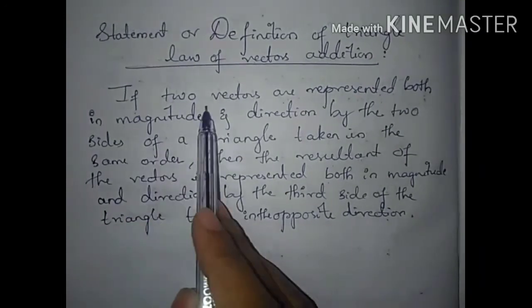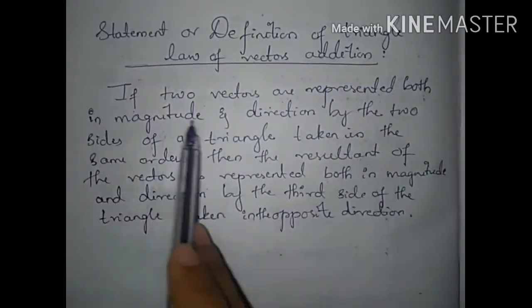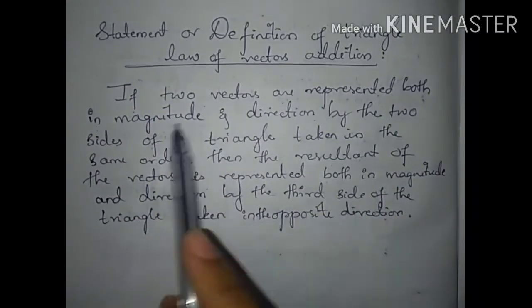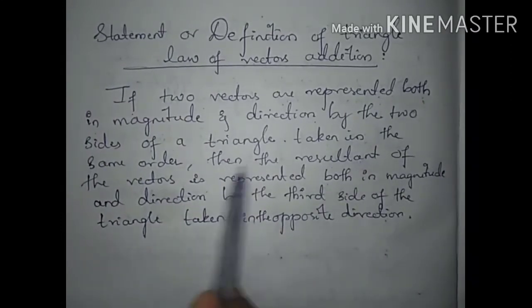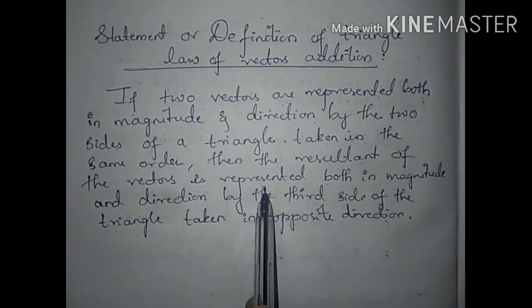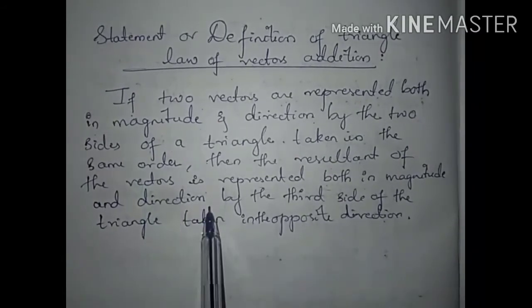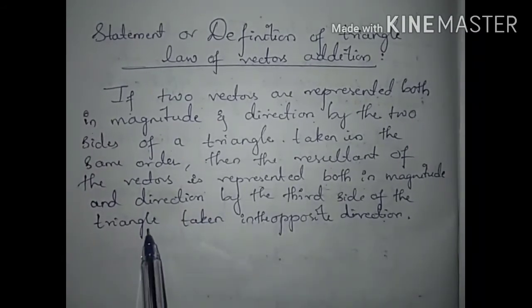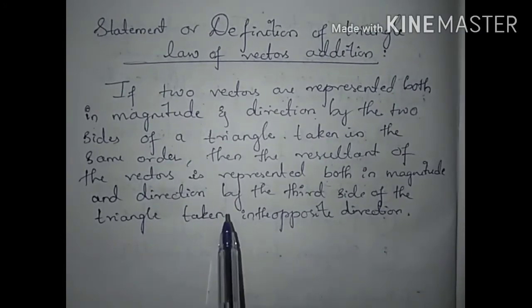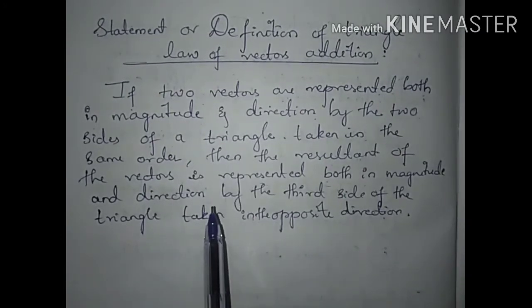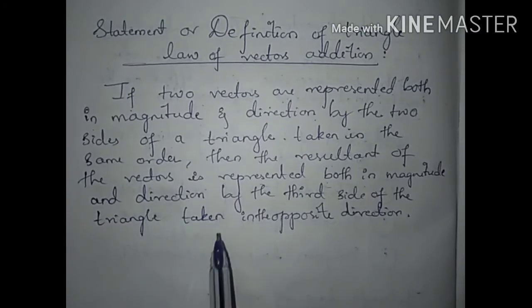It says if two vectors are represented both in magnitude and direction by the two sides of a triangle taken in the same order, then the resultant of the vectors is represented both in magnitude and direction by the third side of the triangle taken in the opposite direction. So you need to have two vectors with magnitude and direction.